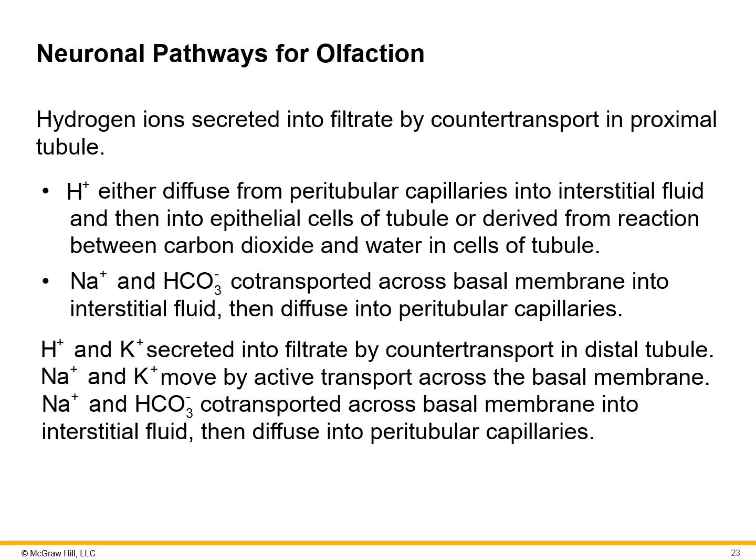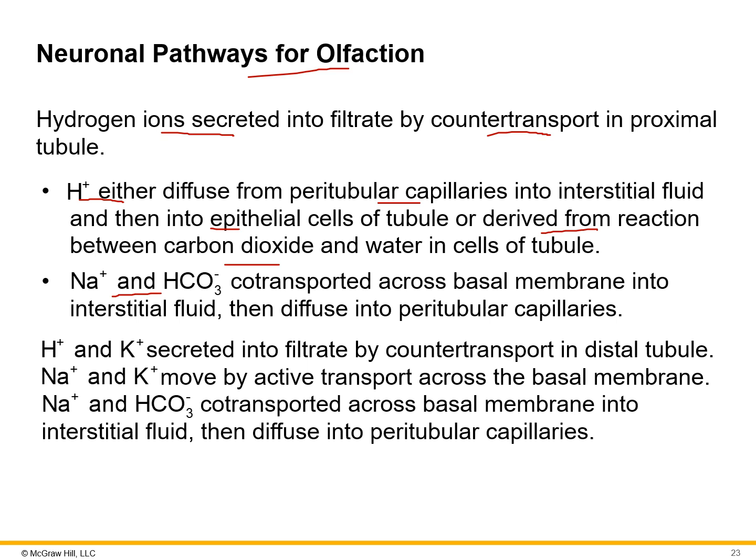Hydrogen ions get secreted into the filtrate by what's called countertransport in the proximal tubule. What happens here is hydrogen ions either diffuse from the peritubular capillaries into the interstitial space, then to the epithelial cells, or they're derived from reactions between carbon dioxide and water that make carbonic acid in those cells.